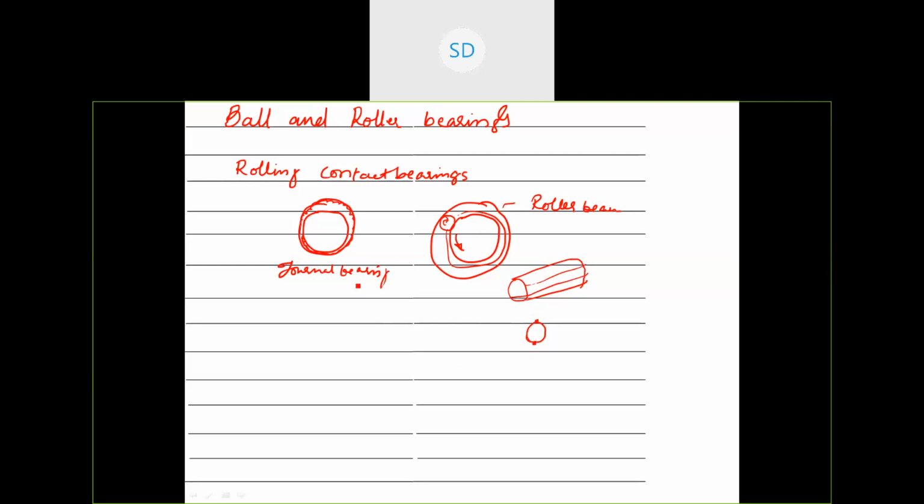Now these ball and roller bearings are mainly designed on two criteria. One is the basic equivalent dynamic load, and one more parameter, that is bearing life.